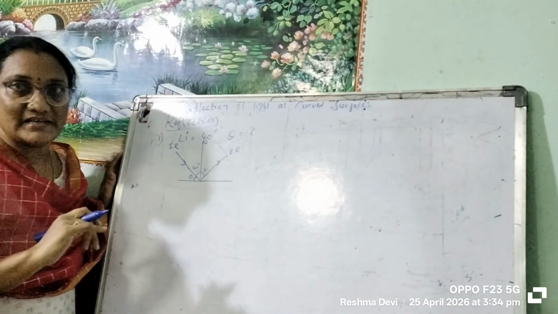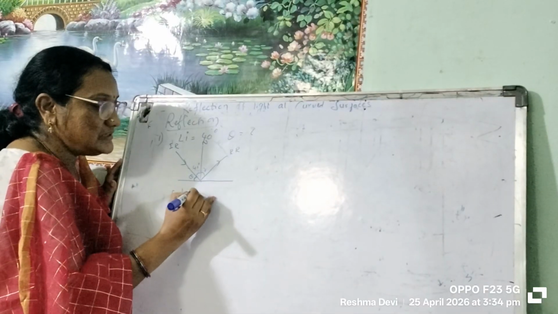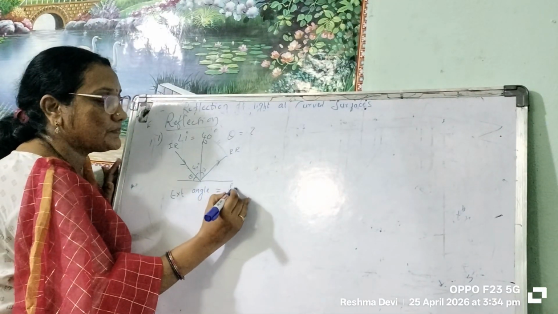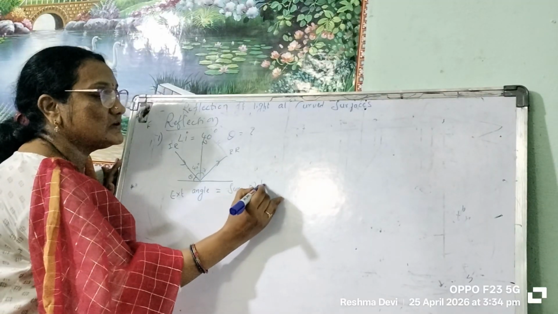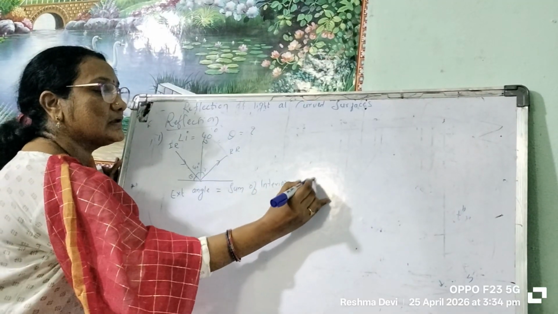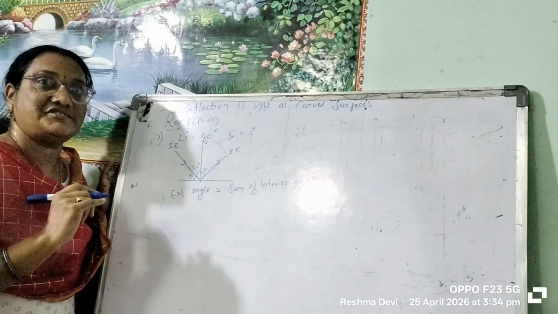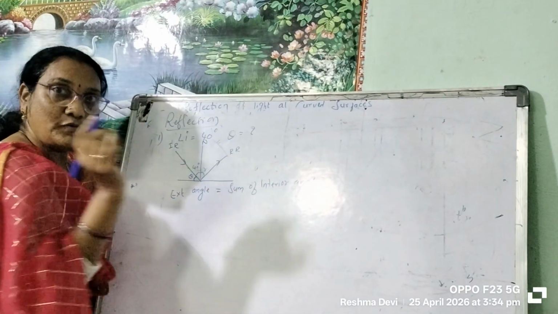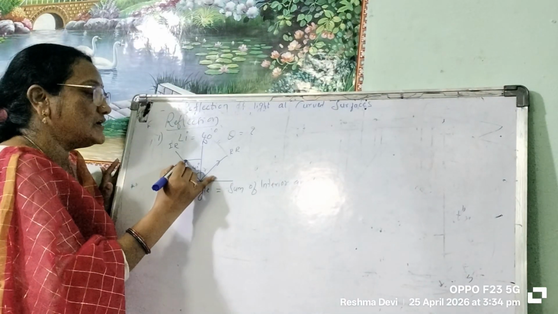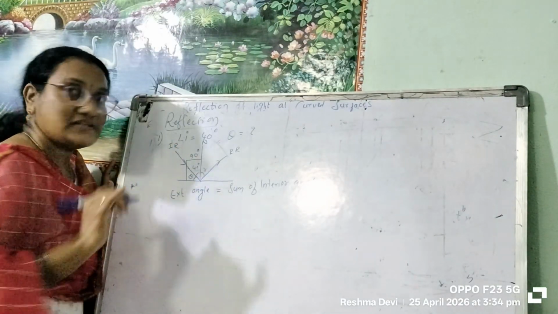Now geometry says that exterior angle is equal to sum of interior angles. So now here, what is the exterior angle? Now already we defined normal. What we said? Normal means which makes 90 degrees with the surface.